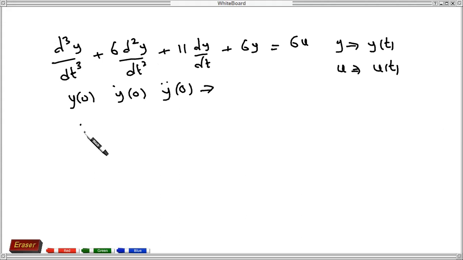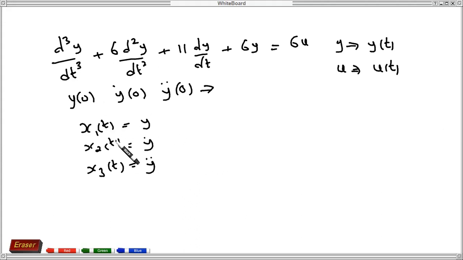We take the first state variable, x1 of t, to be equal to y, and x2 of t is y prime, to indicate all the initial conditions that we require, and then x3 of t to be equal to y double prime.